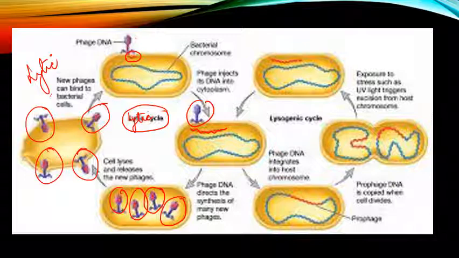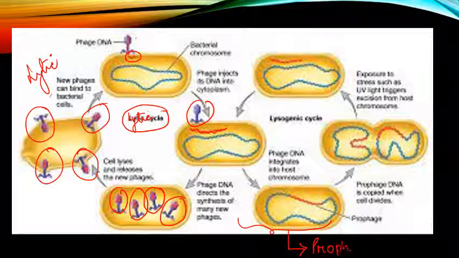Clear? But in the case of the lysogenic cycle, see here, this is also bacteriophage DNA inserted into the bacterial DNA, but here it binds with the bacterial DNA and does not produce any virus cell or virus protein. The virus DNA gets integrated with the bacterial DNA and remains like this, and this combination of viral DNA and bacterial DNA we call the prophage.